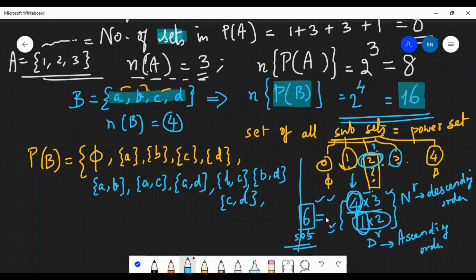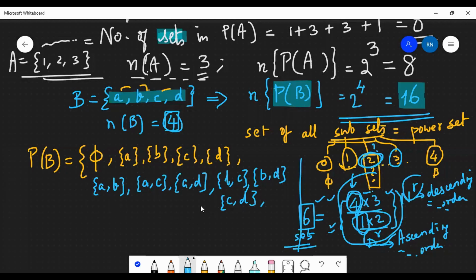You create a fraction, with numerator and denominator. In the numerator you count in descending order, in the denominator in ascending order. Descending starts from the number of elements in the set, and ascending starts at 1. The number of members decides how many factors you write.